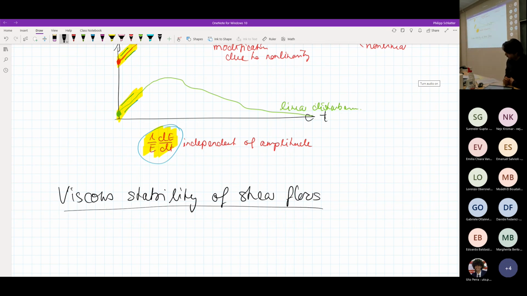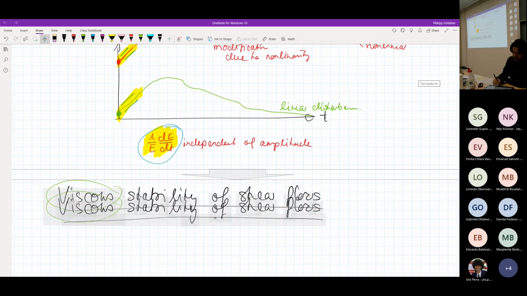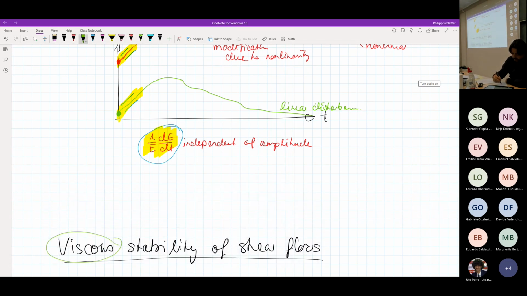So that's the topic, and what I mean with that: the keyword viscous here would mean that we look at a case where we have finite Reynolds number.